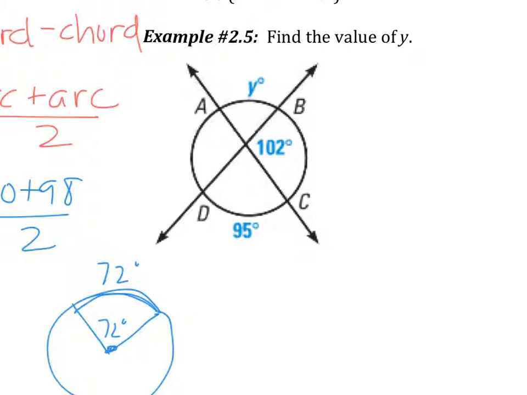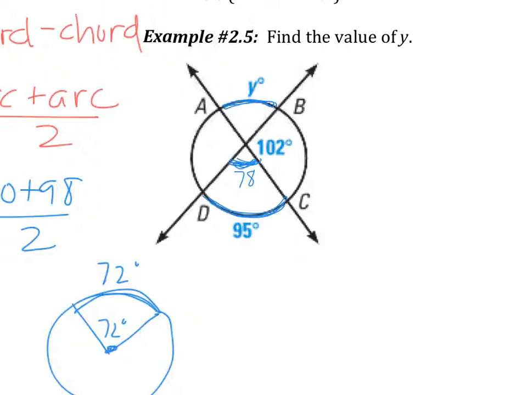What you have to understand is they give me this arc and this arc. So when I go to use my formula, I need this angle. What's the measure of this angle next to the 102? 78. Perfect.